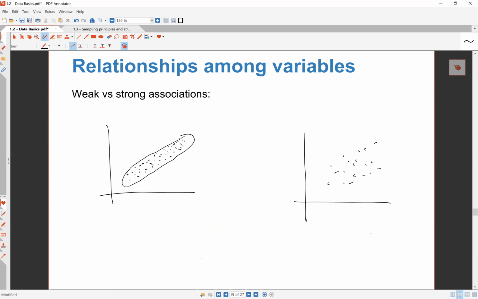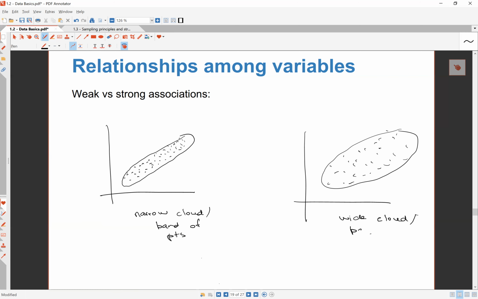Here's one example where on the left, we have a narrow cloud or a narrow band of points. And on the right-hand side, we have a wide cloud or a band of points.